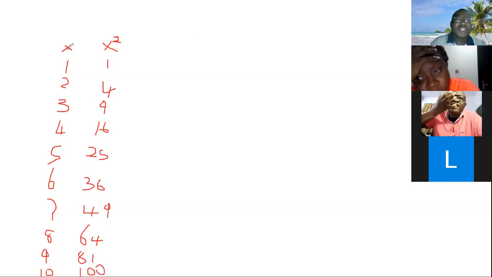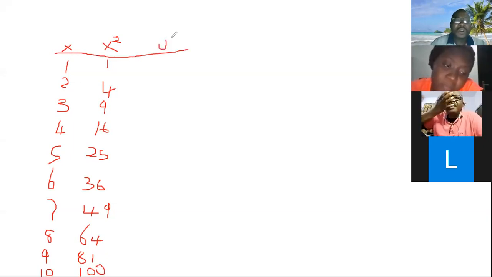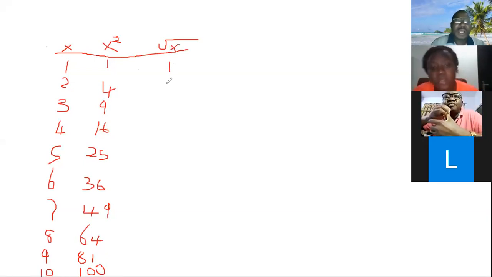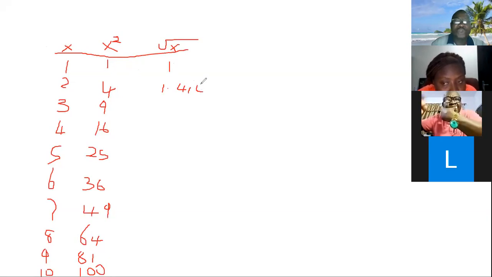Now let's find the square root of X. The square root of 1 is 1. The square root of 2 is 1.414, something like that. If you remember root 2 from mathematics, this is 1.732, something like that, if you remember root 3.